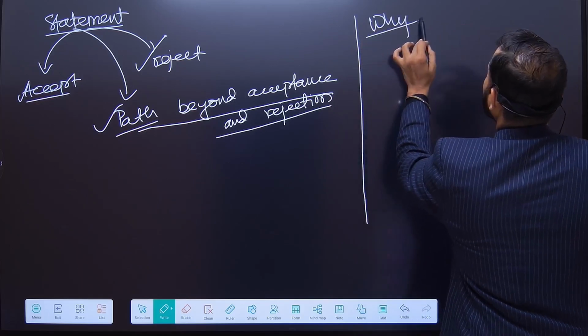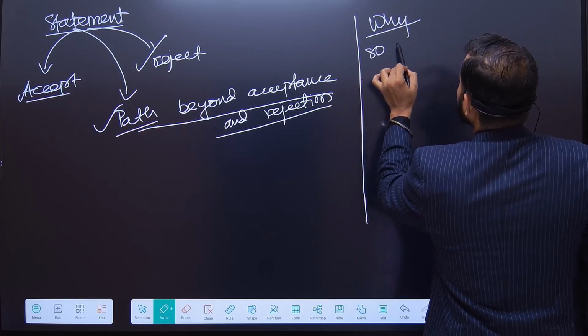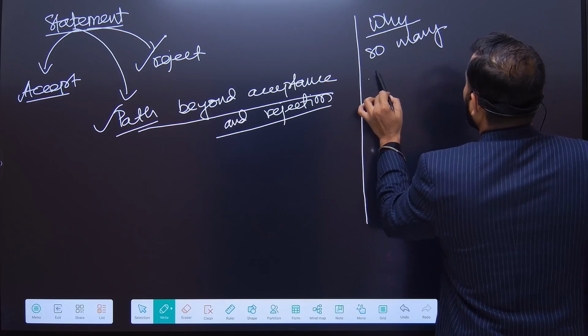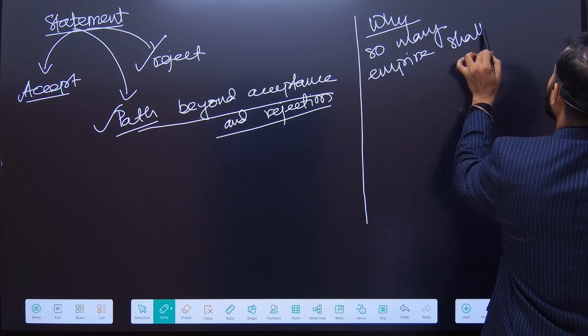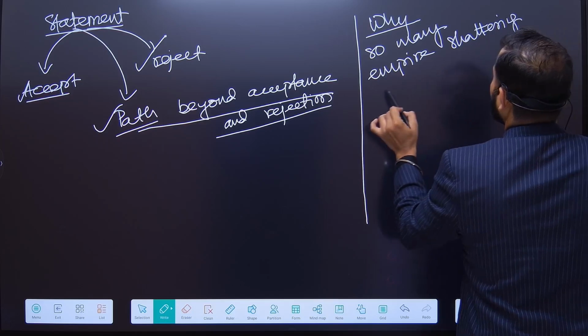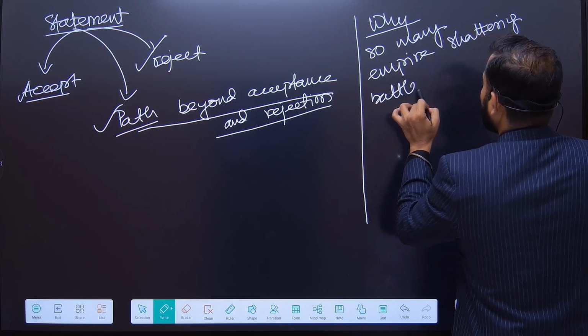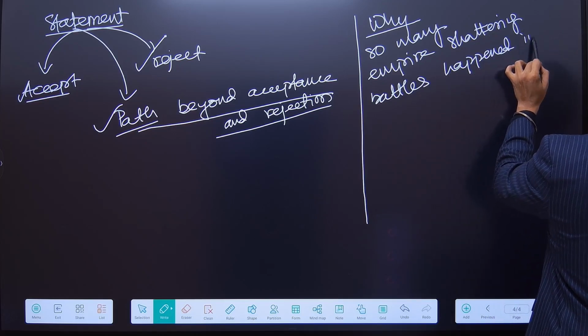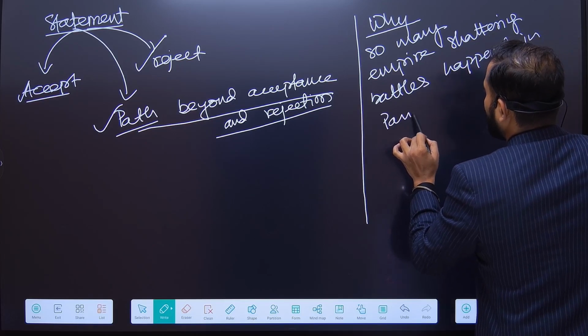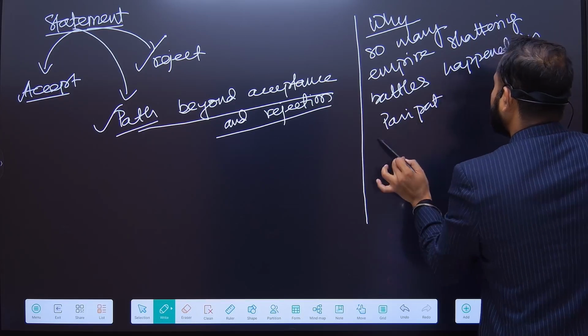Why so many empire shattering battles happened in Panipat.